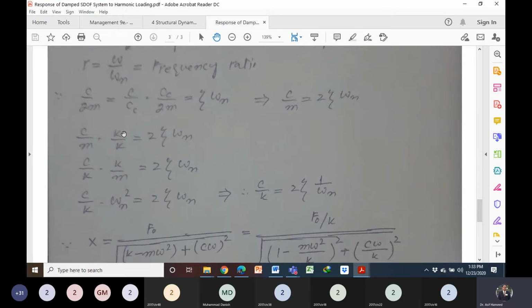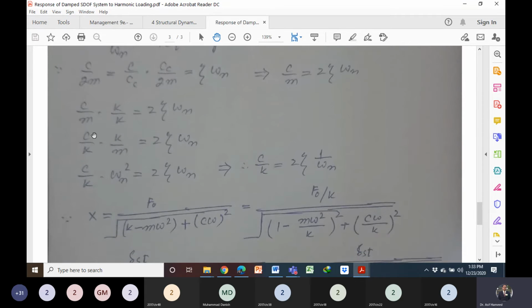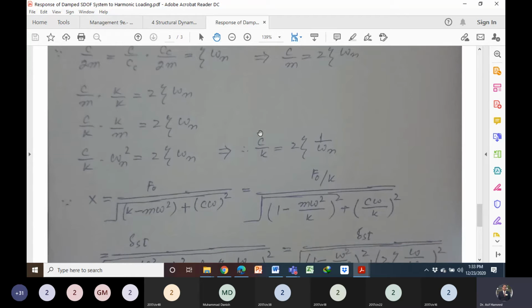And then we can divide the numerator and the denominator by k. We want to find out the value of c over k. K over m is again omega n square. Omega n square we can take on the right hand side. So c over k comes out to be 2 zeta over omega n.